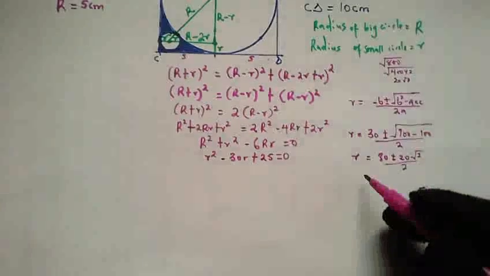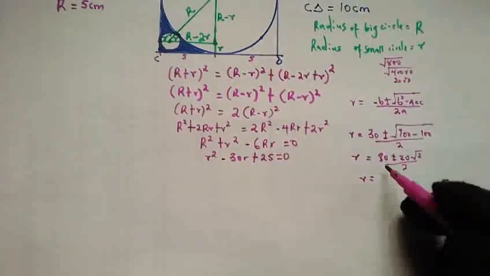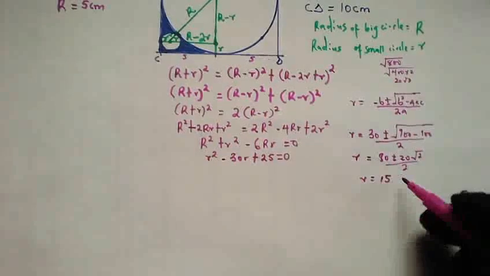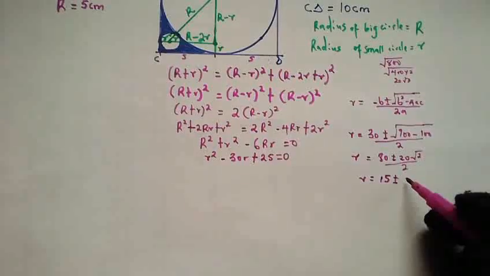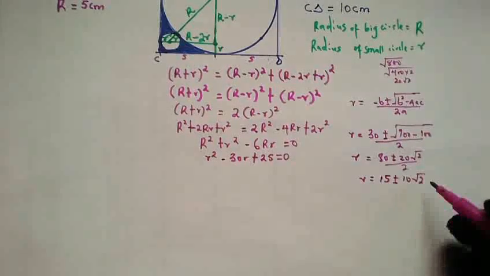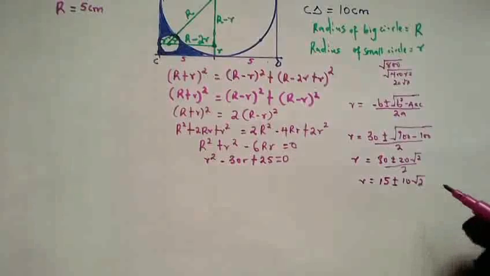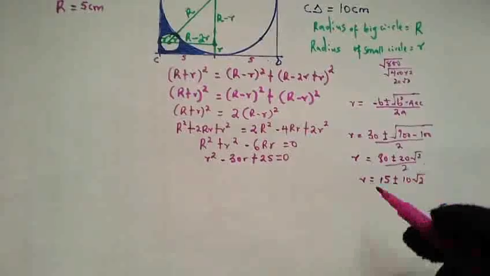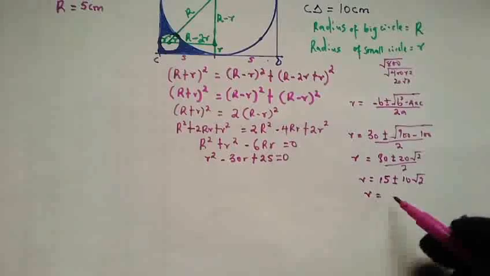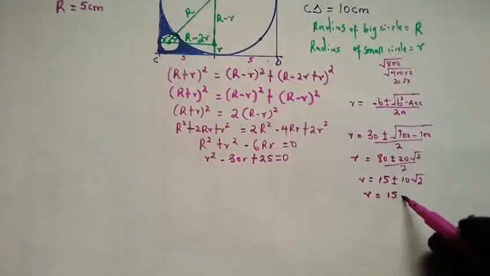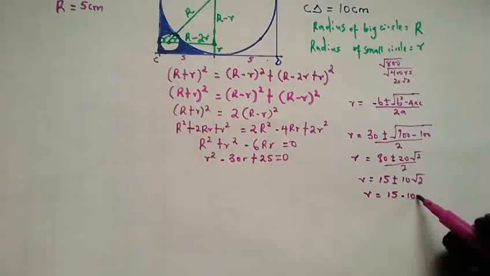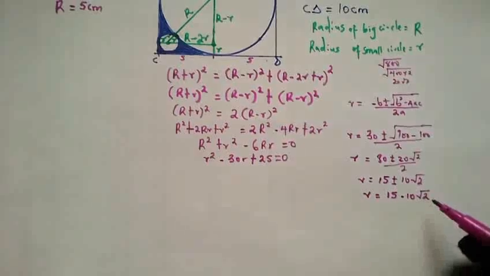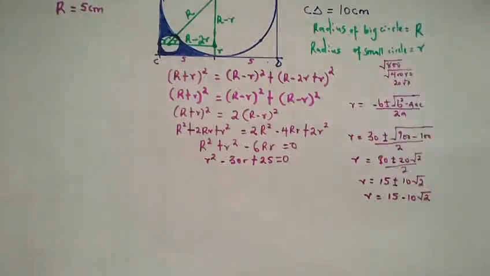Simplifying this, we have 15 plus minus 10 surd 2. But remember that the small radius must be less than the big radius, so the radius is 15 minus 10 surd 2. So this is the radius of the small circle.